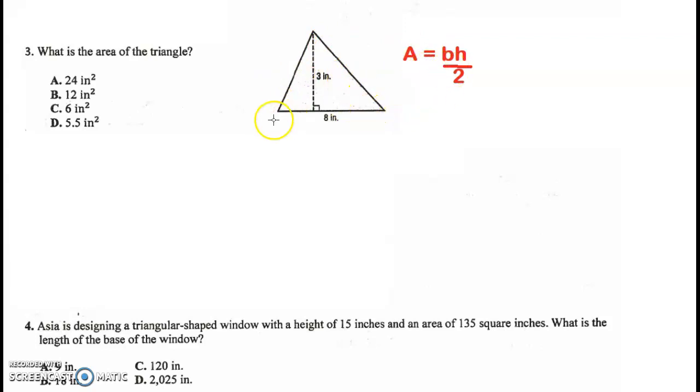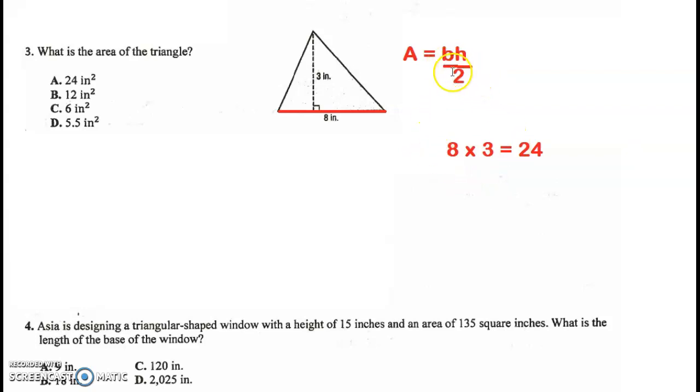All right, so my base and height. My base is right here on the bottom. This guy, which is 8. Times my height. My height is this, remember you locate this little square right here, and then whatever numbers are on it. So we have the 3 right here. So it's 8 times 3. That's going to equal 24, right?